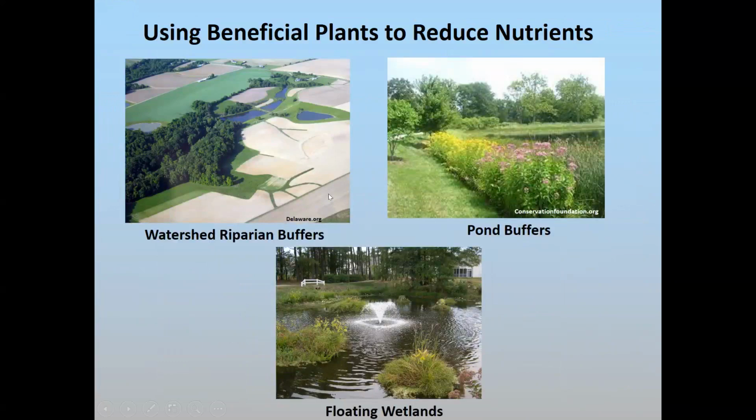We've been talking about riparian buffers for years, and it's a common practice, obviously, to again utilize natural vegetation, trees, other vegetation, shrubs, even turf to manage nutrient inflow off the watershed.